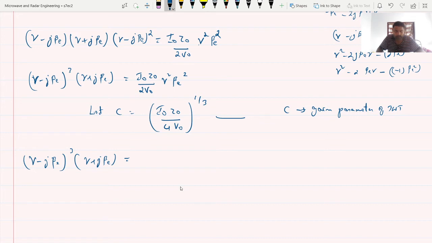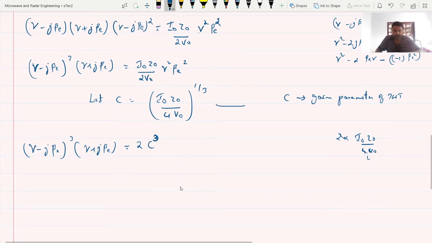Because 2 c cube in the sense means this will be I naught z naught divided by 4 v naught. So 4 v naught means 2 and 4 will cancel, it will be like this, that is 2 into c is nothing but I naught z naught divided by 4 v naught whole cube, so 3 and 3 can cancel, so you will get the same answer. So correct.